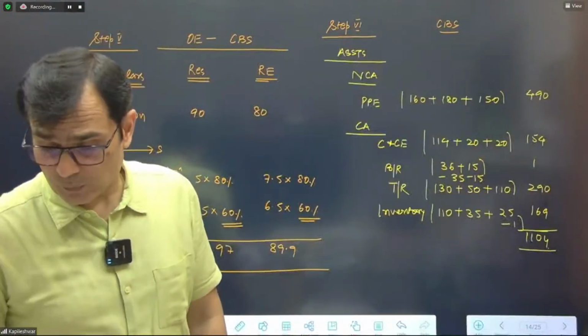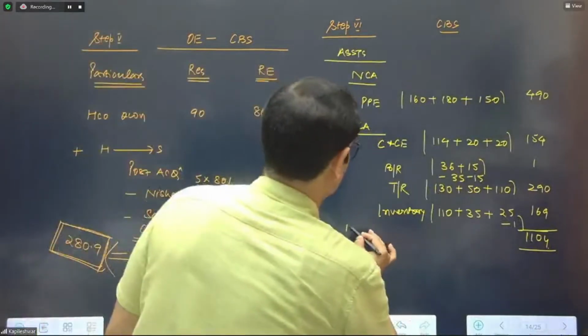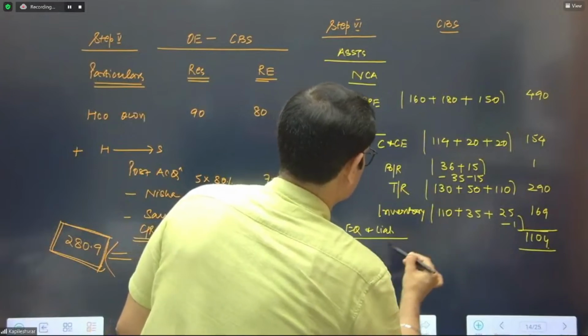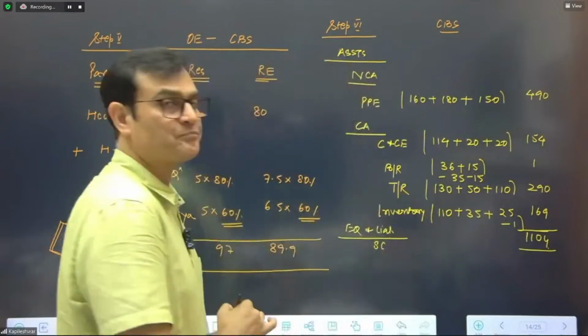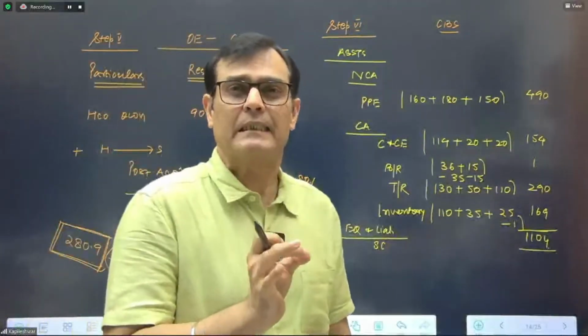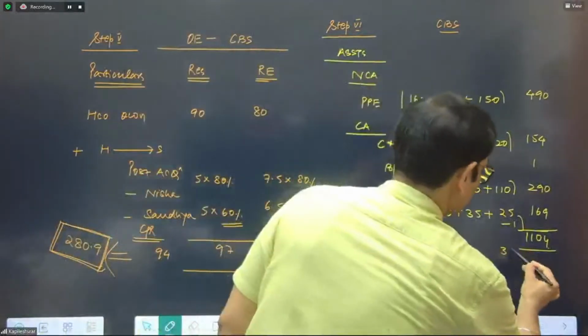Okay, so now with this, we go on to the liability side of the balance sheet. So let's consider the figures here only. We got equity and liability. Let's consider, first of all, the share capital. The share capital is going to appear only for the parent company, that is Usha, that is 300.